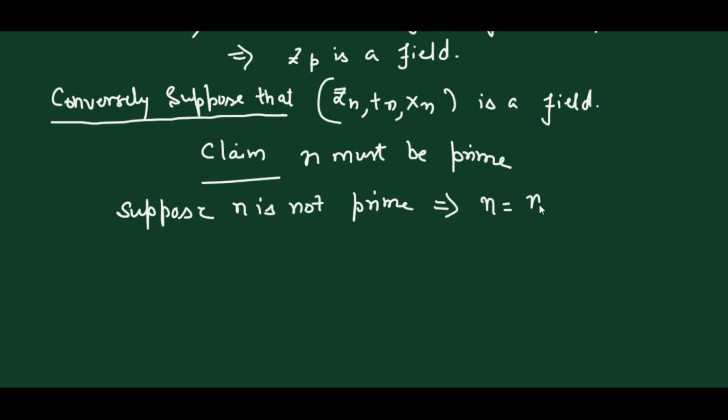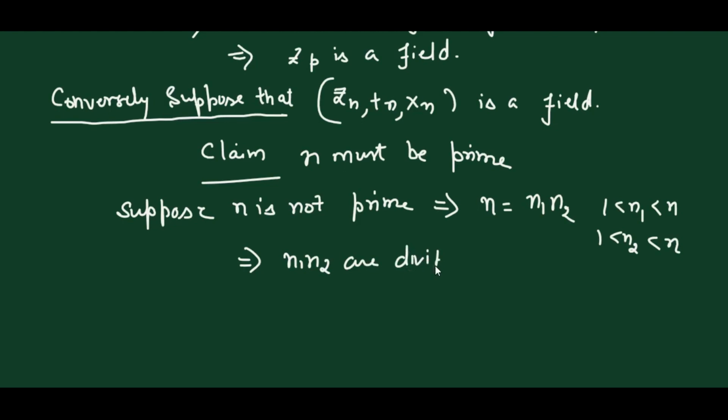So n can be written as the product of two factors n1, n2, with 1 less than n1 less than n, and 1 less than n2 less than n. So this implies n1 n2 is divisible by n. It means this product is divisible by n.